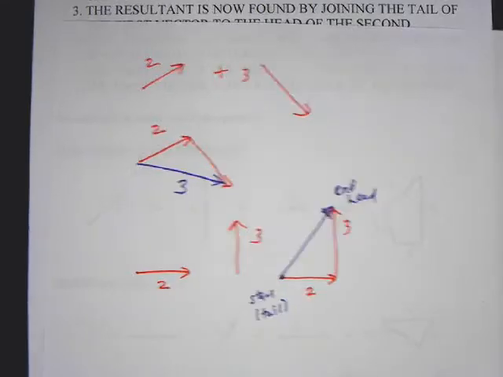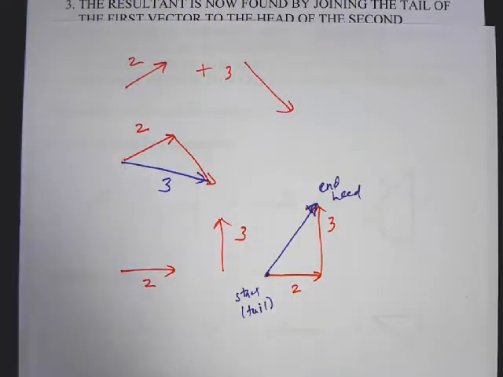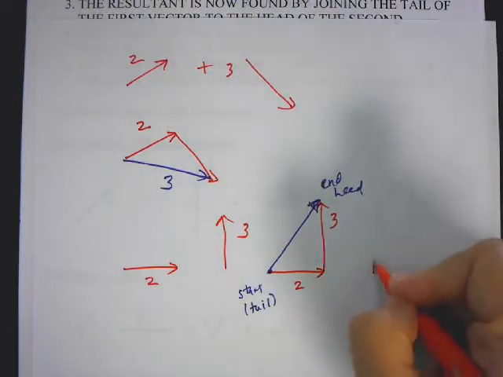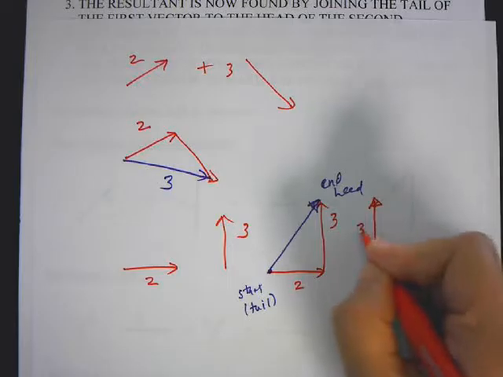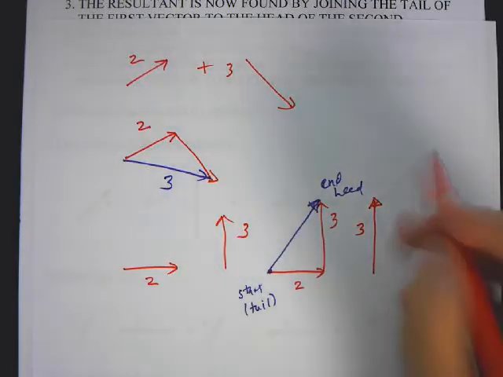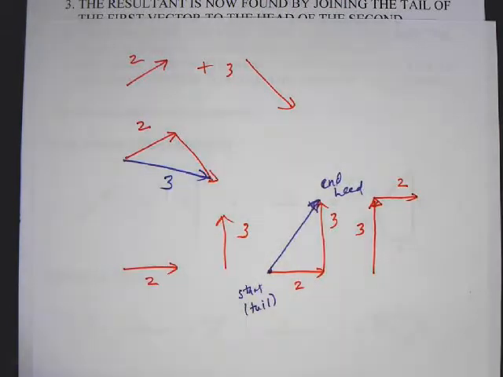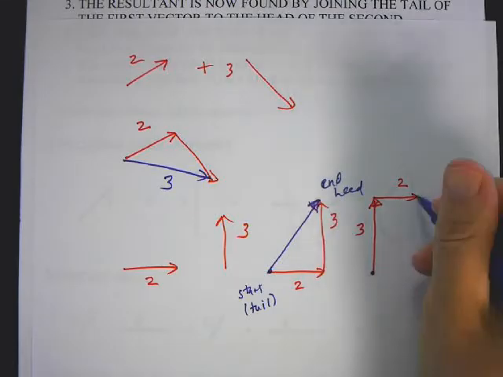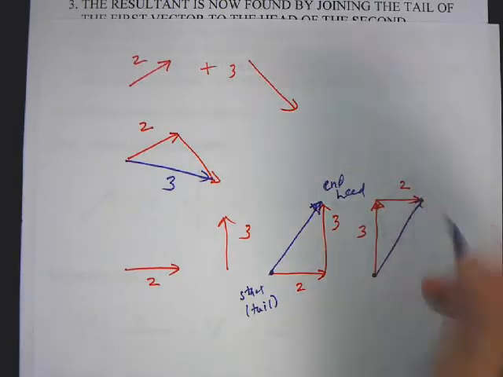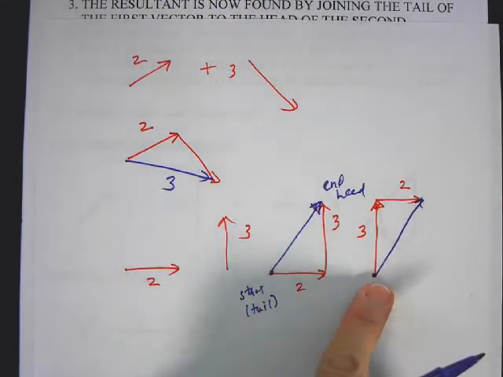Now, what if I didn't add them that way? What if I started off with the 3 like this, and from the head of this vector, I did the tail of the other like this too? From where I start to where I end up, does my resultant look the same? It's the same size. Is it going in the same direction? It is.